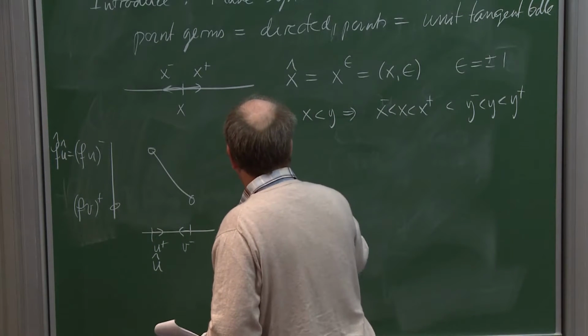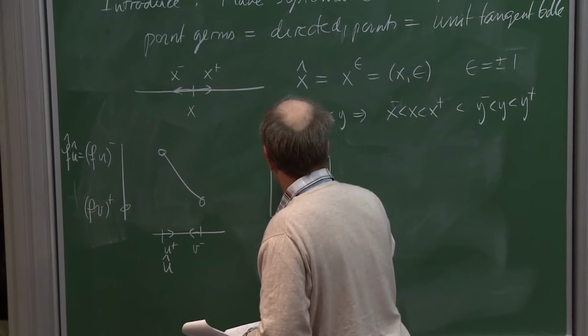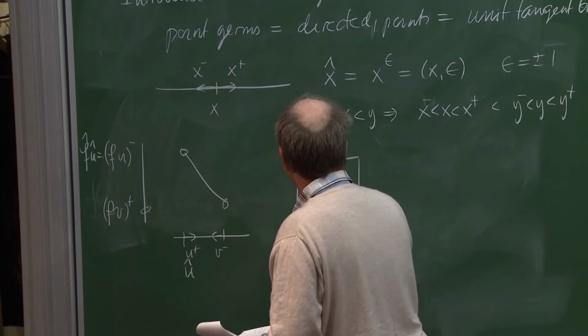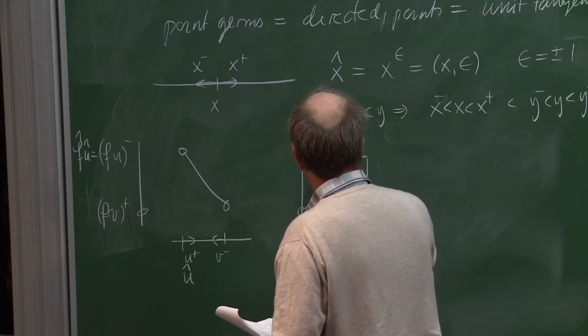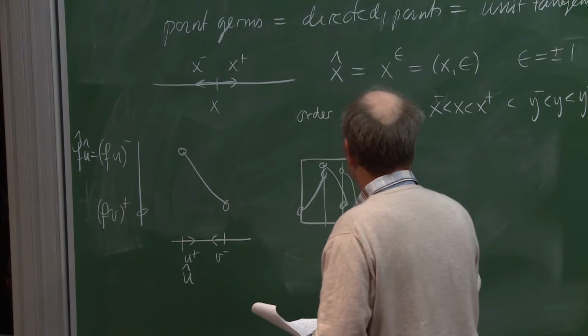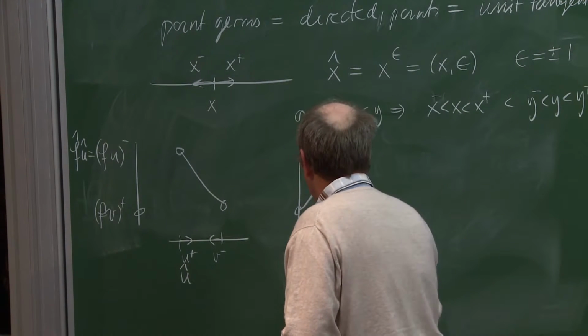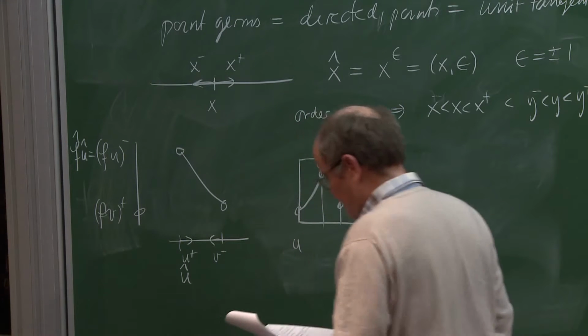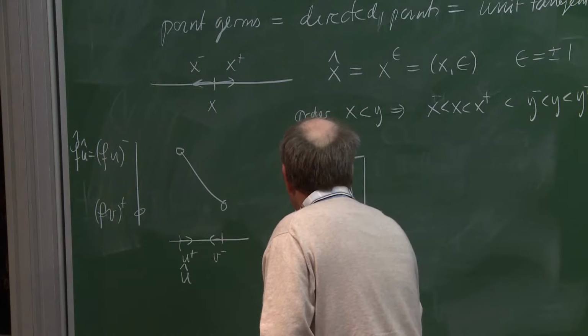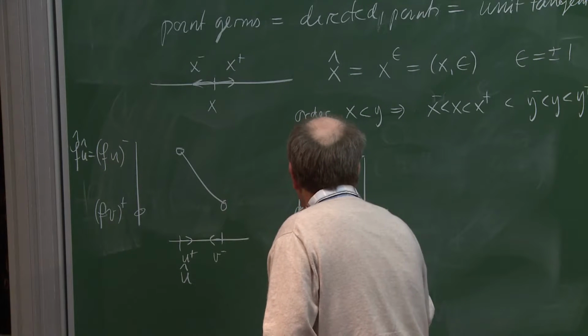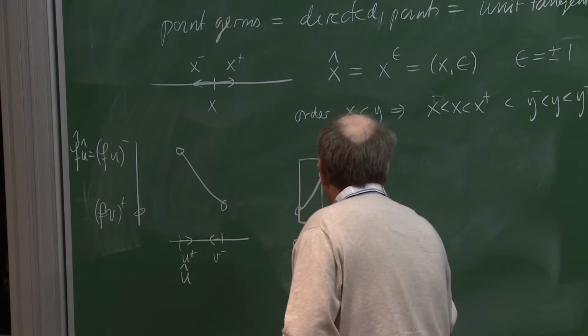In particular, if I look at my original map here, something like this. Then from A to B, you actually have 3 intervals, which now become point germ intervals. So you have I0 hat, I1 hat, I2 hat.